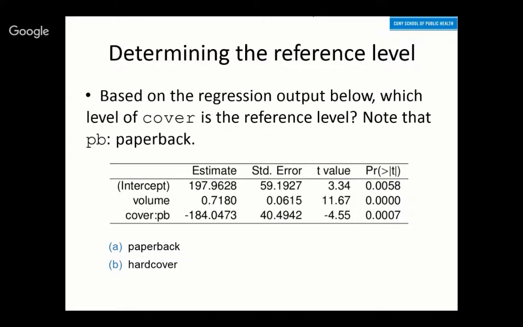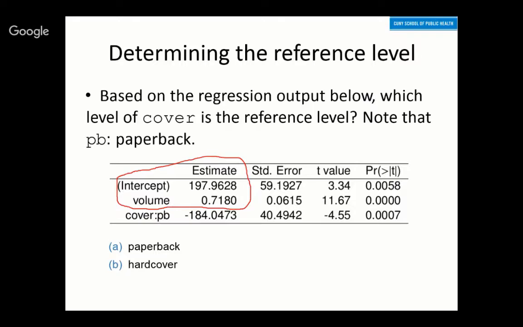Paperback? Actually, it's hardcover. The reference group is the one that the intercept corresponds to. So what this is saying is if you have a hardcover book, you only need to use these two coefficients to estimate the weight of the book.